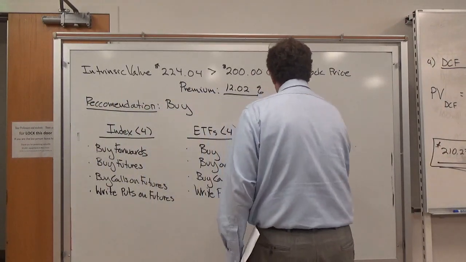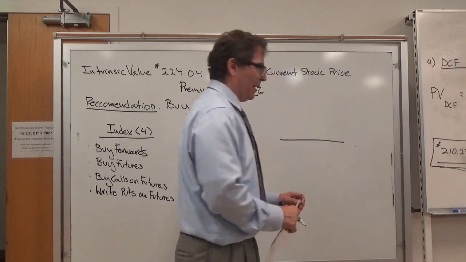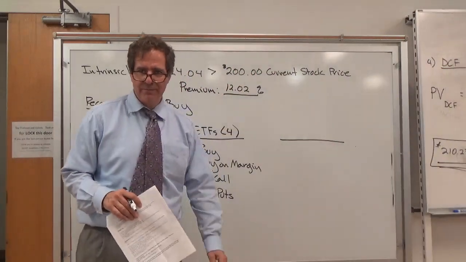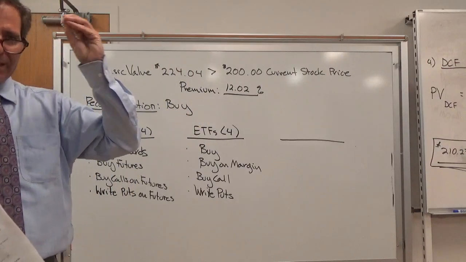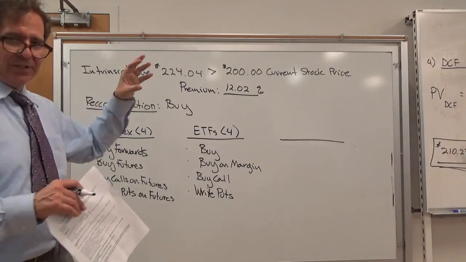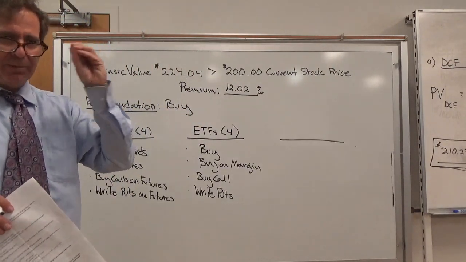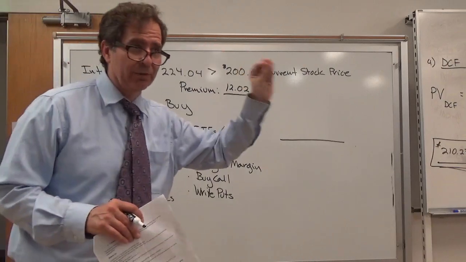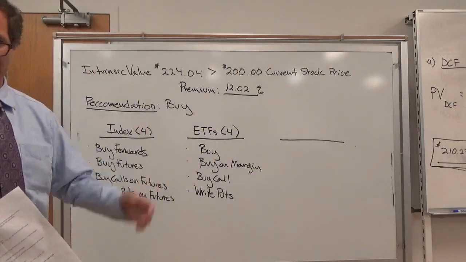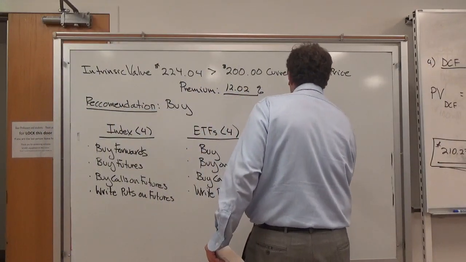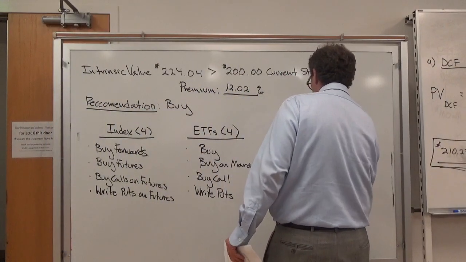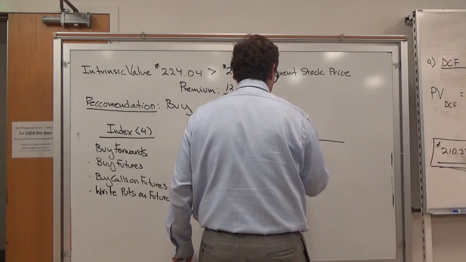And can I buy, let's say this was an office REIT. Do you think that the office REIT that we just did has a share price correlated to other office REITs? Yeah, because they're in the same sector. So what would be your recommendation?